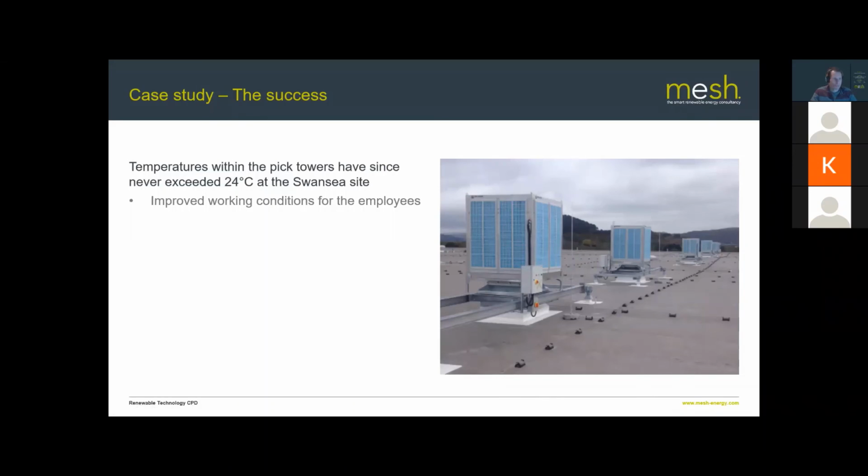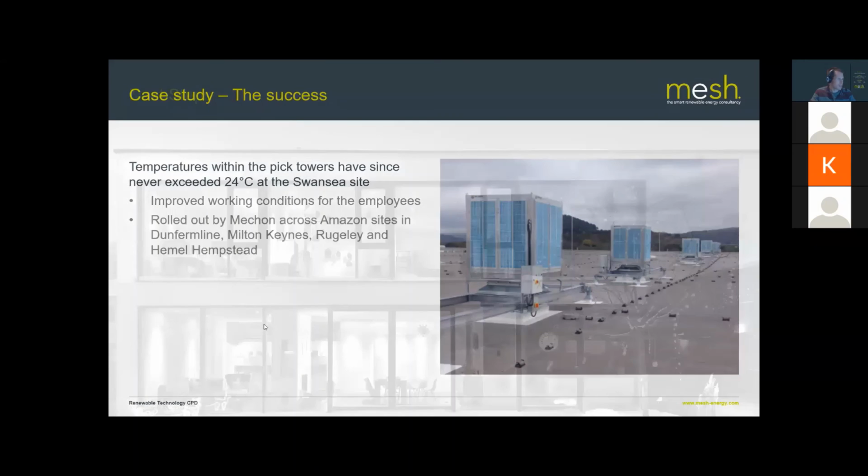In the summer, just wear a t-shirt and trousers and boots, and they're absolutely perfectly comfortable. And because of that success, we then rolled this out across a number of other sites, including Dunfermline, Milton Keynes, Rugeley, and Hemel Hempstead.